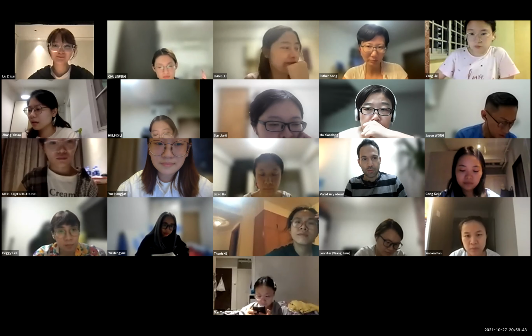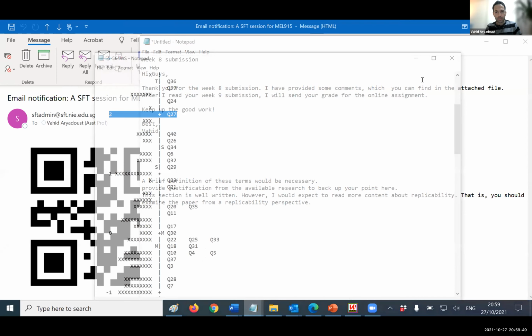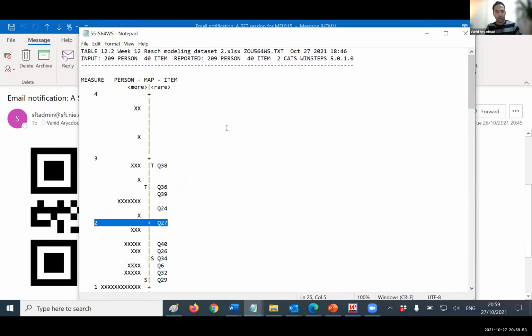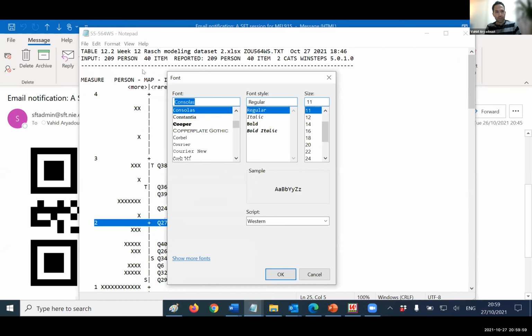I'm going to share my screen, everybody. Here's your output, right? So go to Format, Font, and choose Consolas, and click OK. It should work.